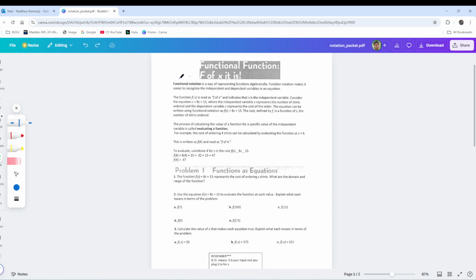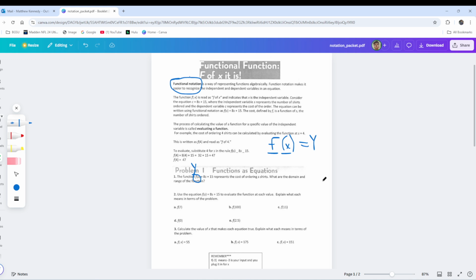We are talking about function notation today, which, as we have talked about on Monday and Tuesday, f of x is the same thing as y. So anytime that we have a letter and a letter with parentheses, it means y. Even if it is f of s, that is the same thing as y equals.